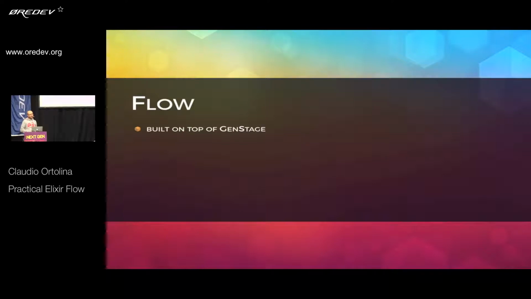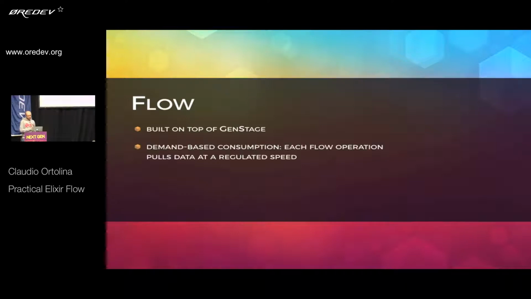It's built on top of GenStage, which is more like a set of lower level building blocks to build distributed computations. Now, it's demand-based consumption. Because it's built on top of GenStage, Flow has the same main property, which is data is pulled by consumers and not pushed by producers. So you basically get data in when you're ready to process it.